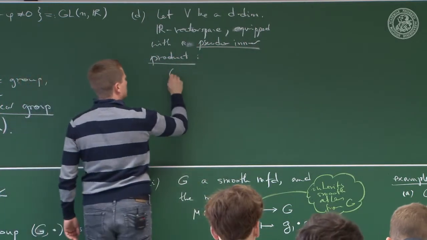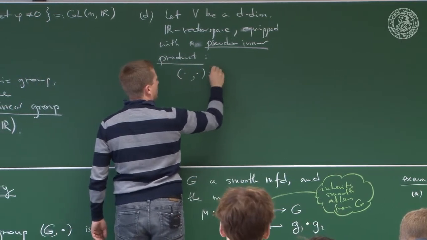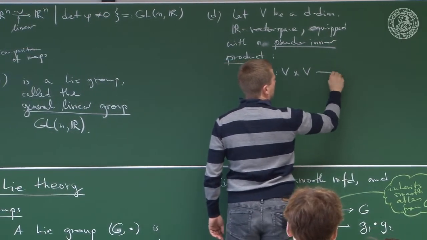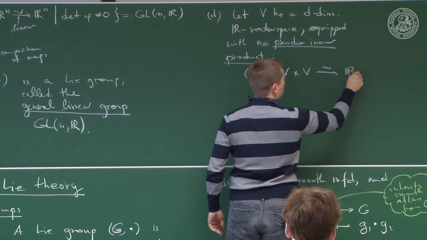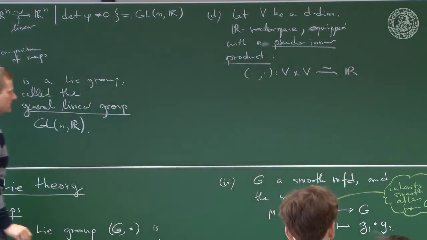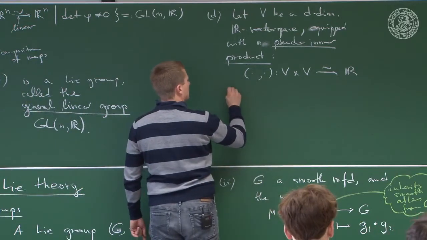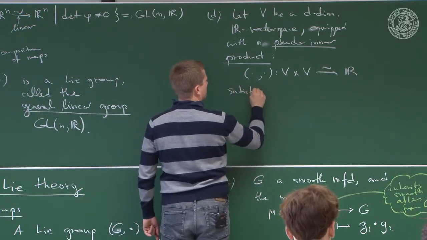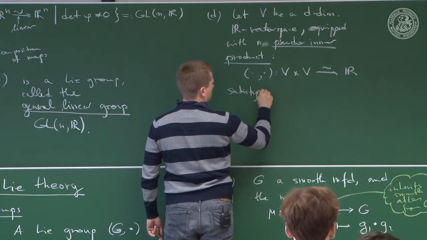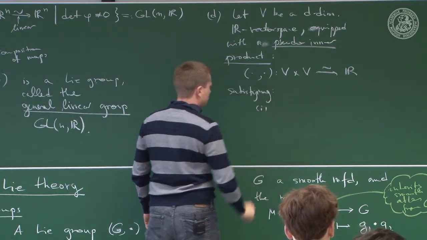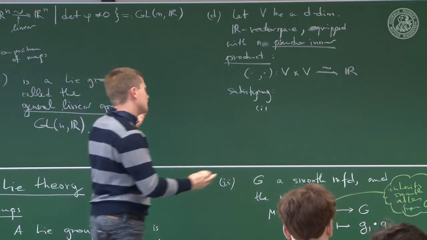Well, a pseudo inner product is a bilinear map that takes you from two vectors to the real numbers, all right? That satisfies, well, first of all, it's bilinear.